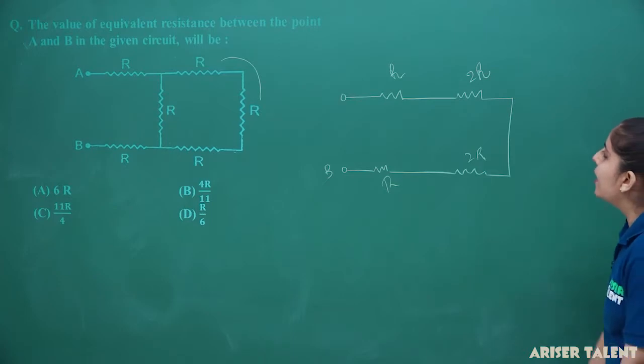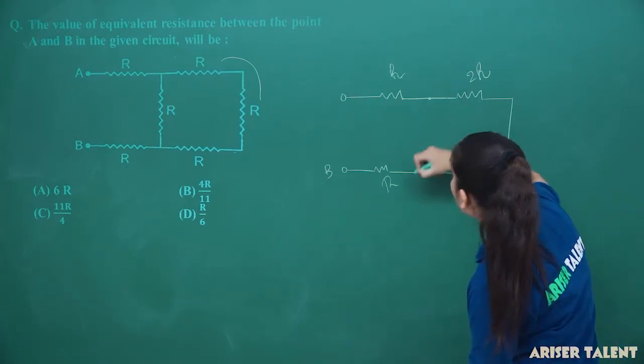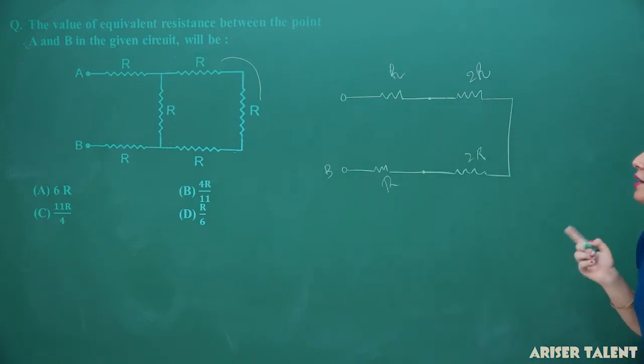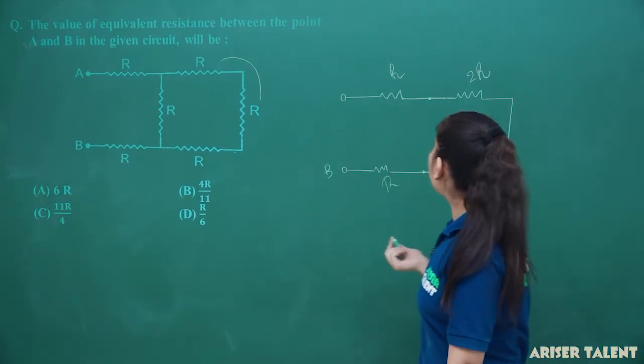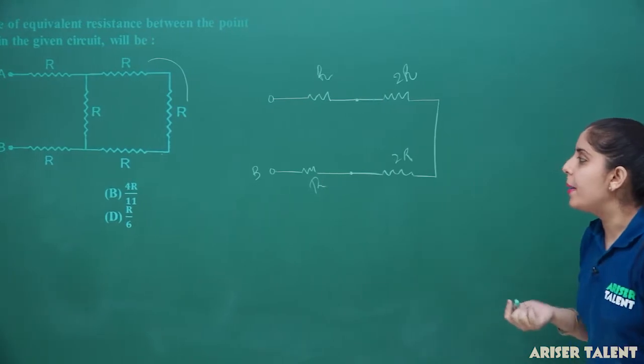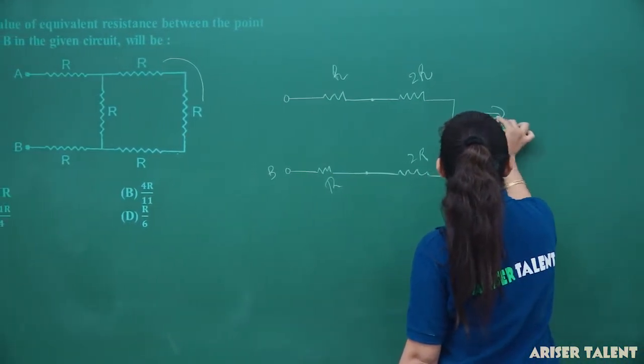Now you can see that there are 2 points described here, and we have just added the system R plus R and R plus R, which will give you the value of 2R. Now you can see that if I combine these combinations, I will get a parallel combination again.